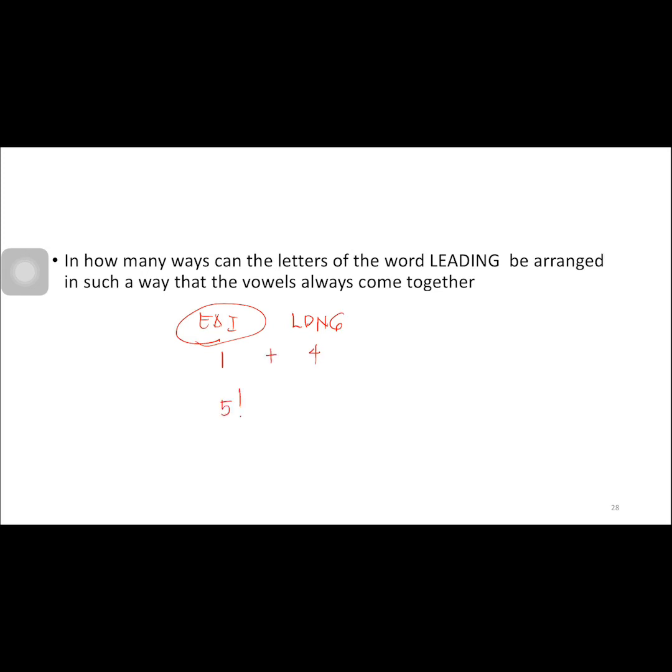So that's 5 factorial times the arrangement of the vowels, 3 factorial, times 1 factorial for each of the consonants. So it's equal to 720.